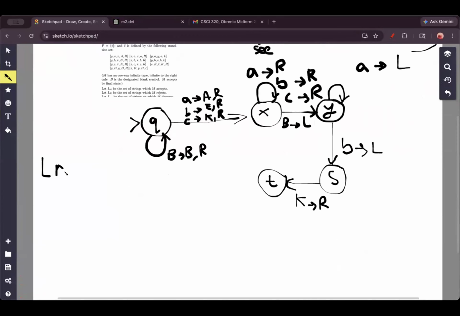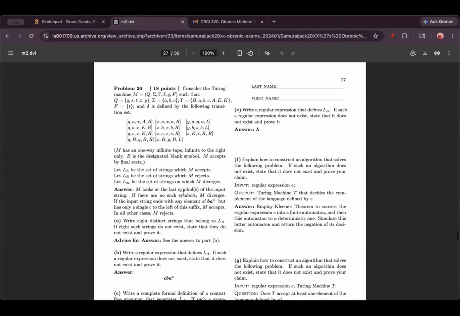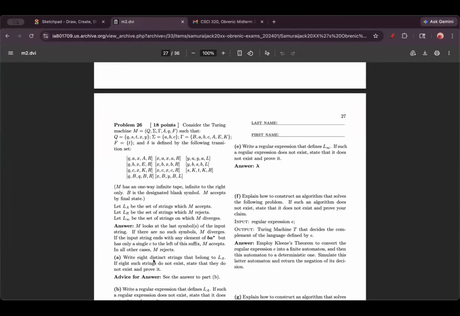LA is going to be the set of strings from which the machine gets to T. So to write a regular expression for this, part A: write 8 distinct strings that belong to LA.